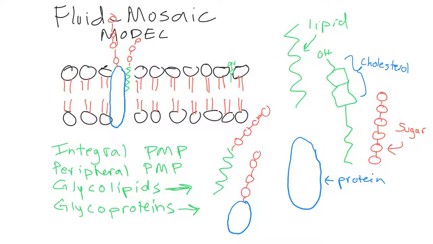Okay, so what I drew here, is this an integral or peripheral protein? Integral, right? It's integral if it spans the length of the lipid bilayer. And then if you drew a peripheral one, how would you draw that? All right, so you might have one over here or up over here.